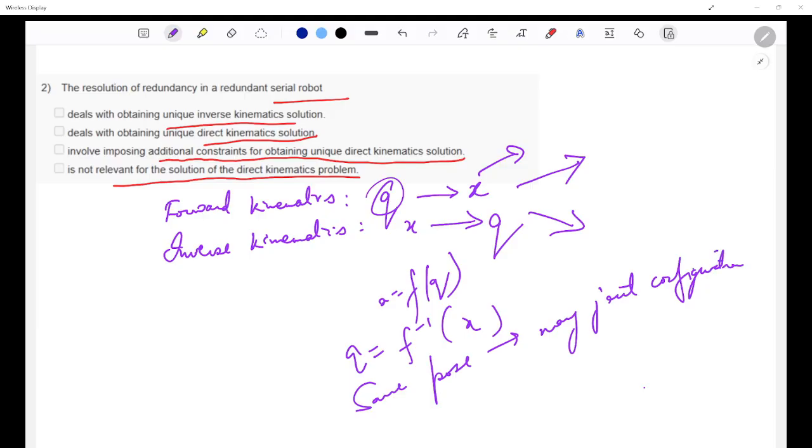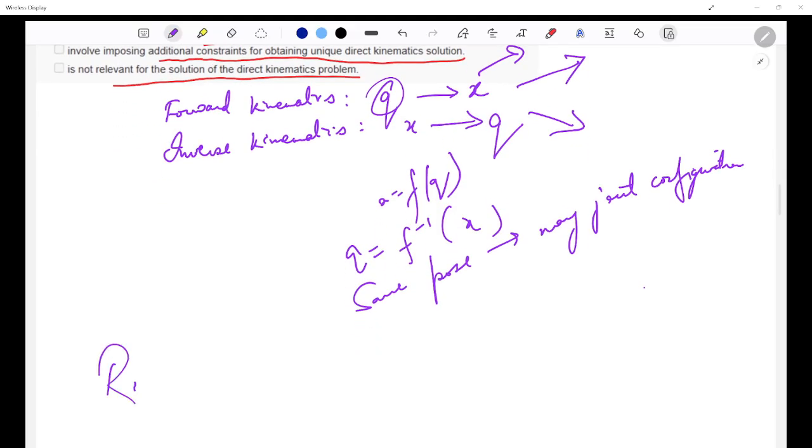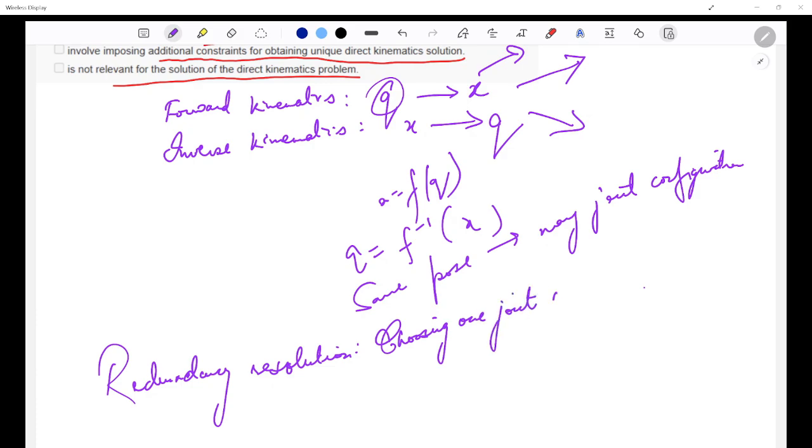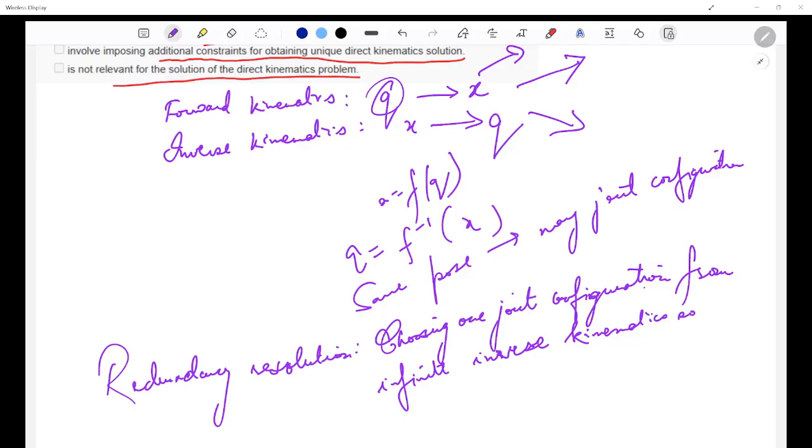What is redundancy resolution then? Redundancy resolution is choosing one joint configuration from the infinite inverse kinematic solutions.